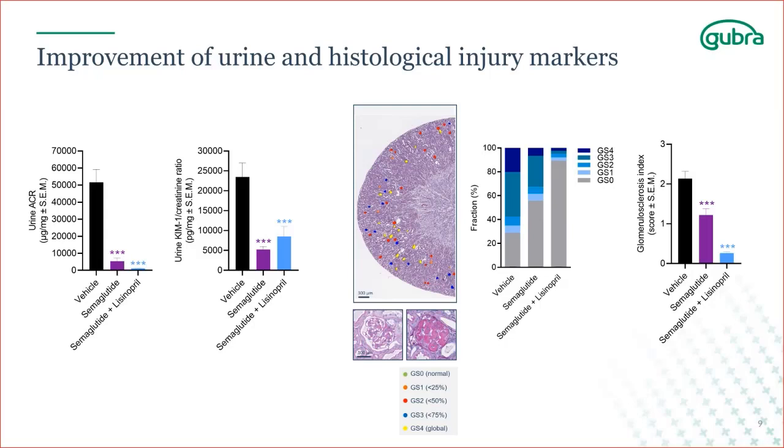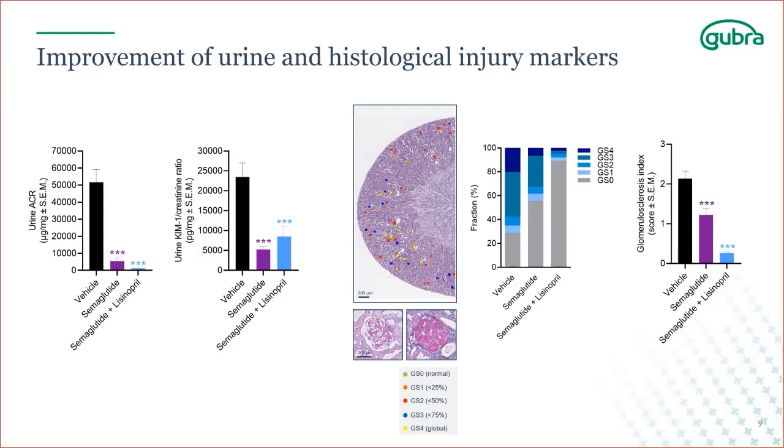What we've done is set up an app using AI and machine learning so that we can do this automatically. From a PAS-stained kidney section, we can score more than 100 glomeruli per animal in a study like this.